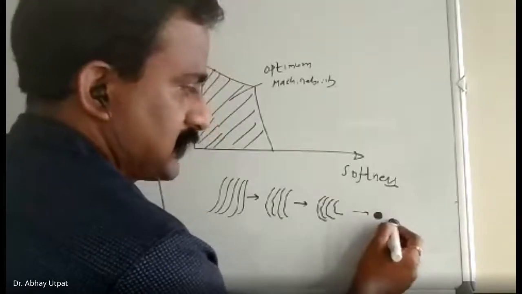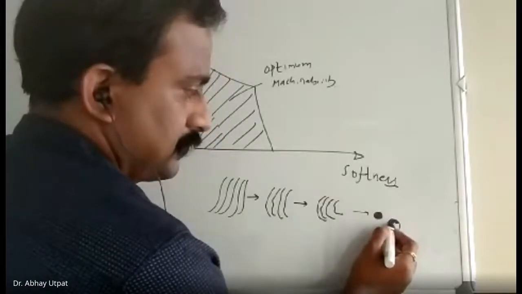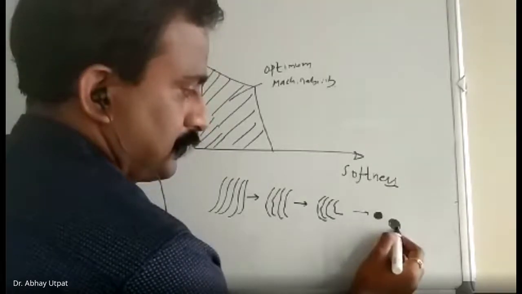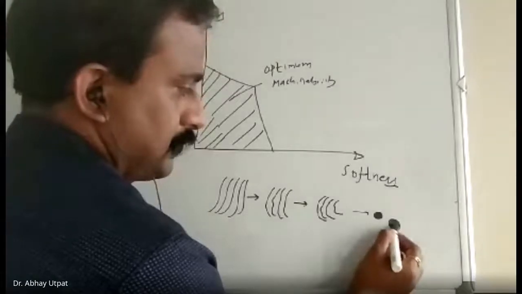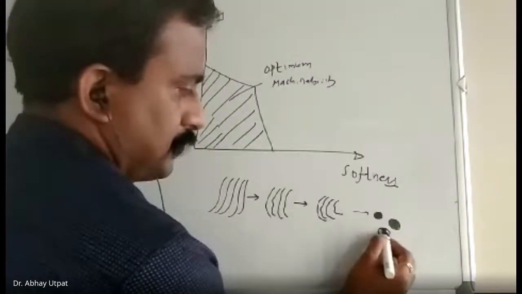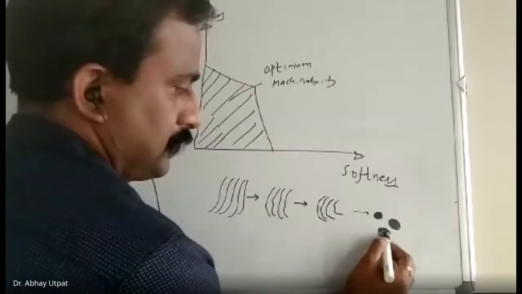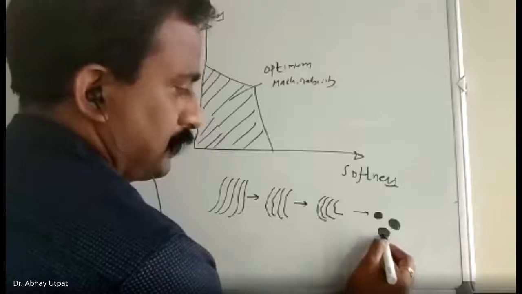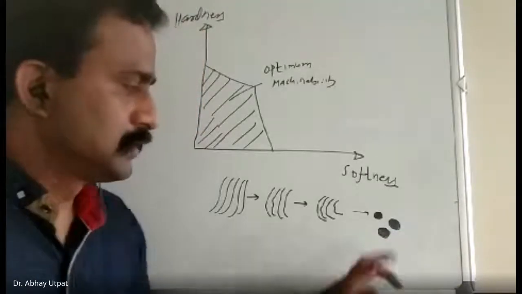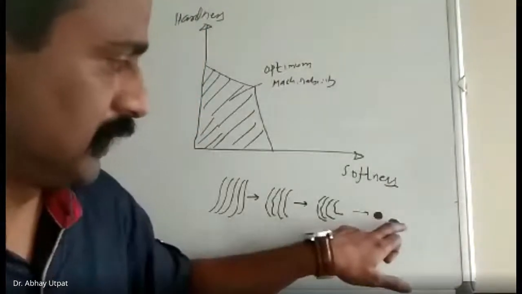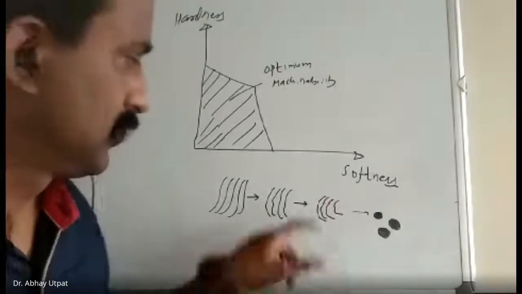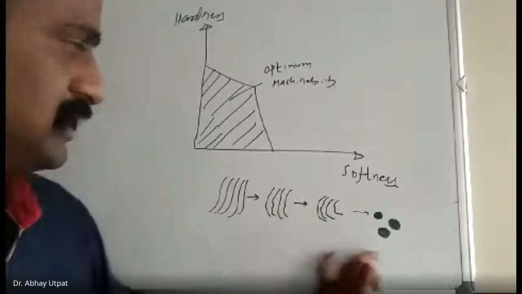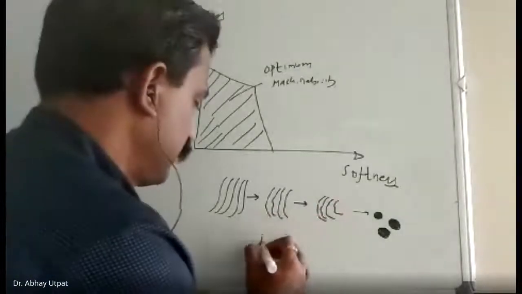Draw the dark bubbles. So this gap is alpha and this round is cementite. Same way, gap is alpha and this is cementite. So this is by thermal cycling.